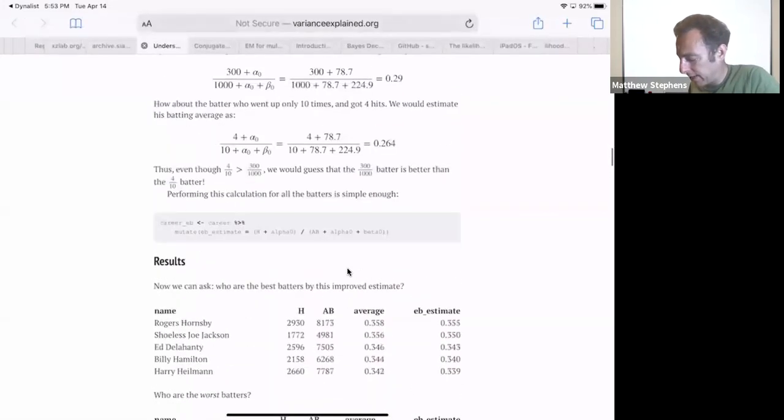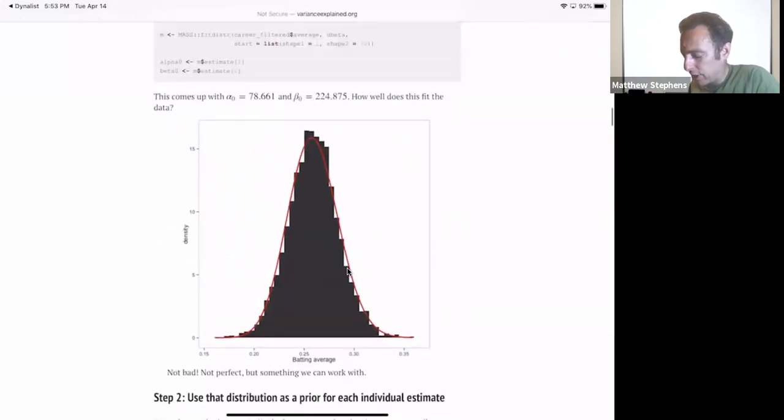So the intuition here is that if their estimate is out here somewhere, then our prior pulls us towards the average, which is over here, whereas if the estimate is down here below the average, then the prior pulls it up. And this idea that the estimates all get pulled towards a common value is sometimes called shrinkage.